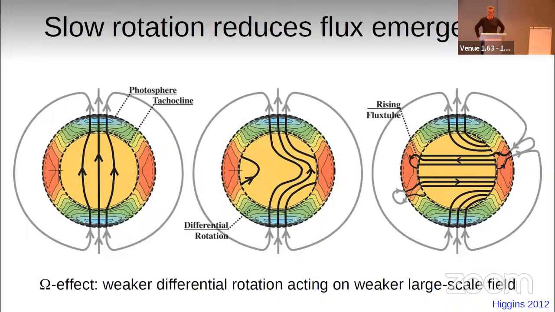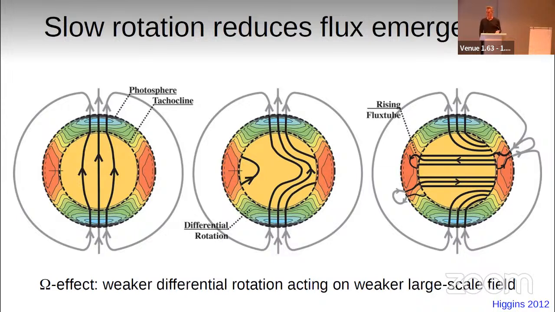So I mentioned how slow rotation might gradually decrease the strength of the large scale field. It also affects the other side of the dynamo loop, which is flux emergence. So if you have a large scale field, differential rotation will wrap it up and create buoyant magnetic loops at the base of the convection zone that emerge as new flux.